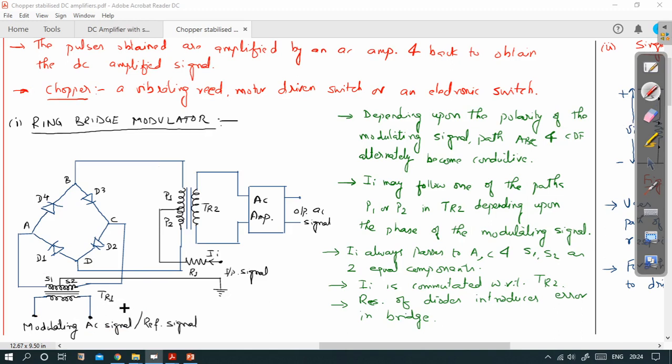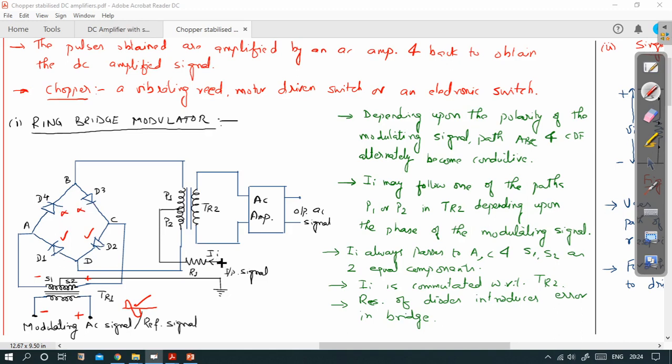Let me draw here. For this polarity, this will become negative, this will become positive. They will become forward biased, and they will become reverse biased. So D2, D1 are available, and D4, D3 are not available, they are open circuit.